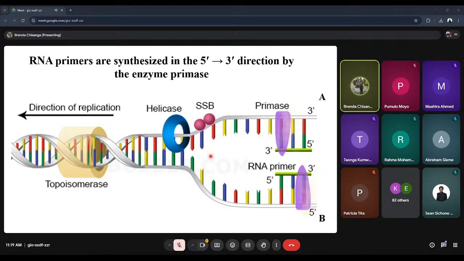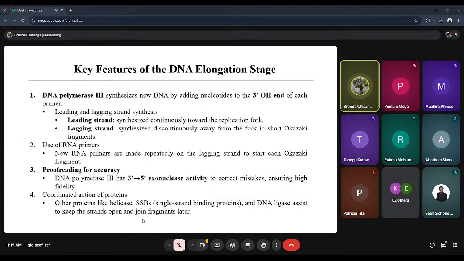Now, if this is clear, I want to move on to the features of elongation. At this point, we have already synthesized our primer. We understand what the primer is, its nature, that it's RNA, and everything else about it. So now we want to start synthesizing our DNA. Our polymerase now has the 3' end.